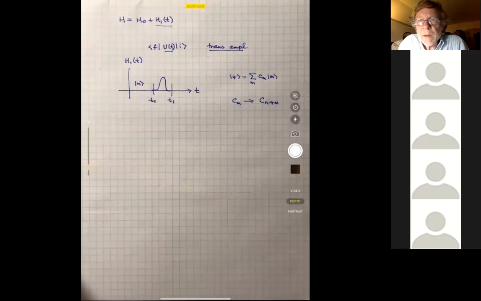I'm thinking of a scattering problem where we have potential scattering. So there's a potential energy which is localized in space. And what we do is we stand off at a distance and we send wave packets at the scatterer. The scattering potential dies off with distance. That's the normal assumption in scattering theory.